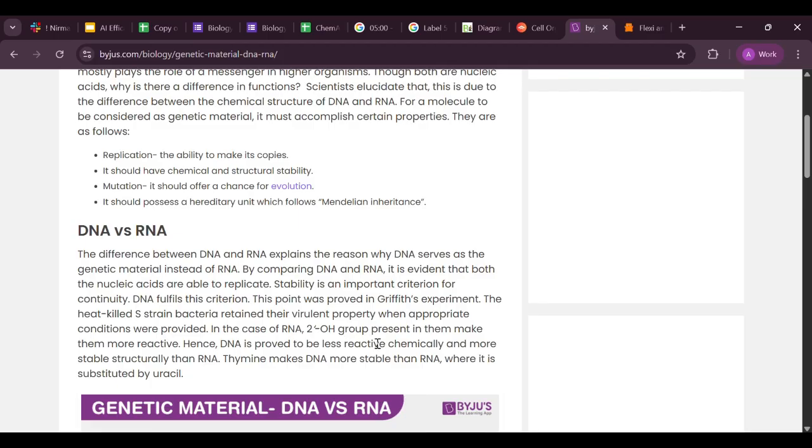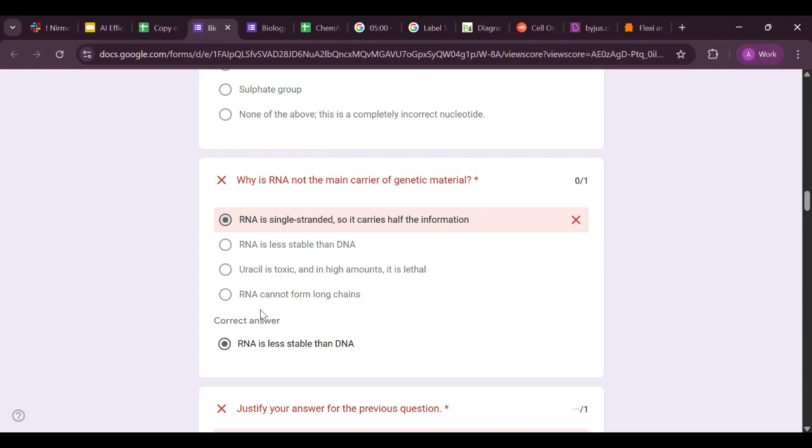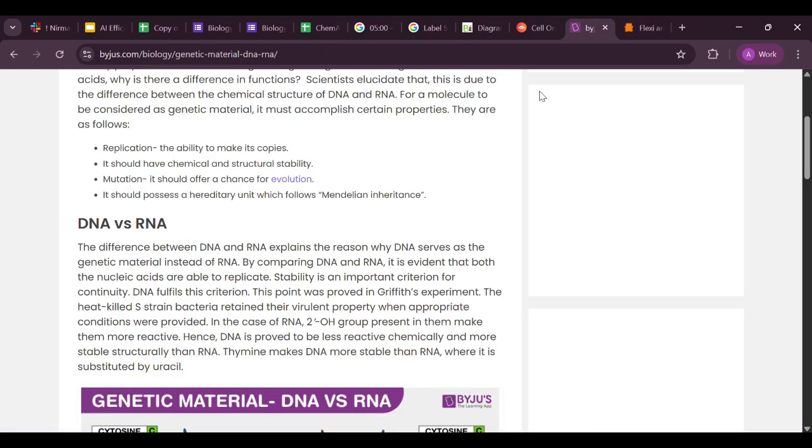Hence, DNA is proved to be less reactive chemically and more stable structurally than RNA. Okay, so the answer is RNA is less stable than DNA, which is correct over here. We can see that DNA is more stable structurally than RNA.